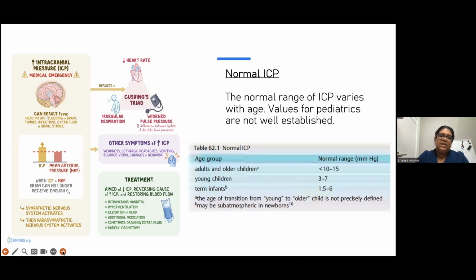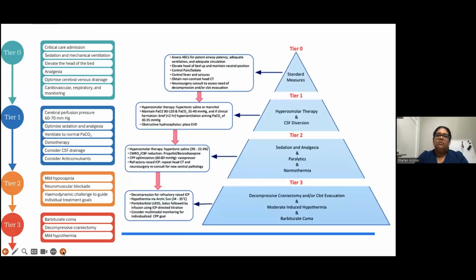Elevated ICP can be treated non-surgically and surgically. I will just go into the tiers of management of increased intracranial pressure.